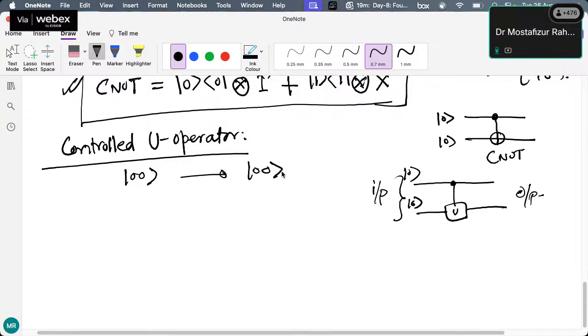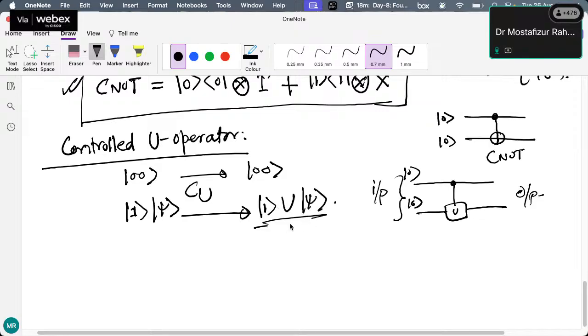But if it is, say, 1, 0, or 1 something, say the first state is 1 and the second state is psi, for example, this is a composite quantum system, right? And you apply the controlled U operator. So if you apply the CU operator, the first qubit will be as it is, and in front of the second qubit there will be a product with a unitary operator, right? So U times psi.